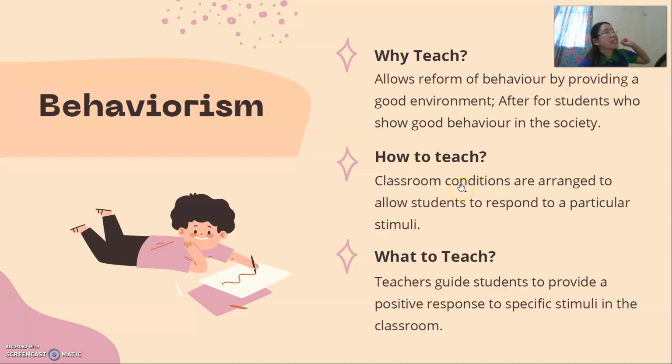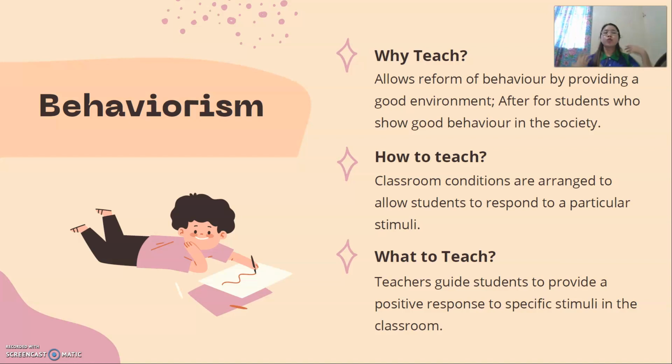Of course, you establish good classroom conditions, conditions that allow students to respond to a particular stimulus. One thing you can do, as part of classroom management, is to show that you are trying to establish rapport, a positive teacher and student relationship.